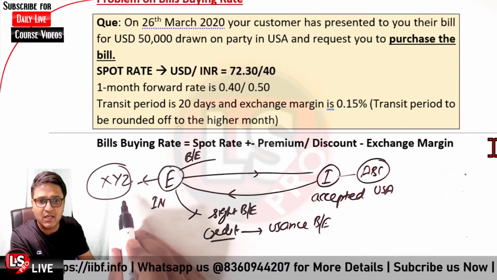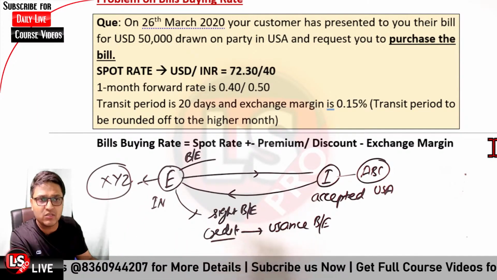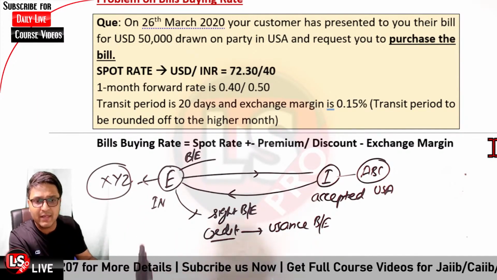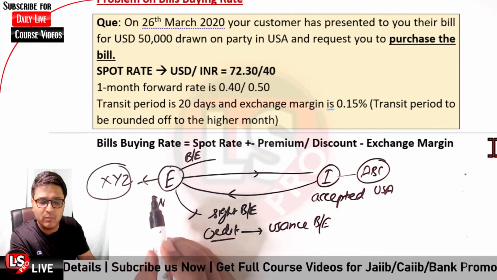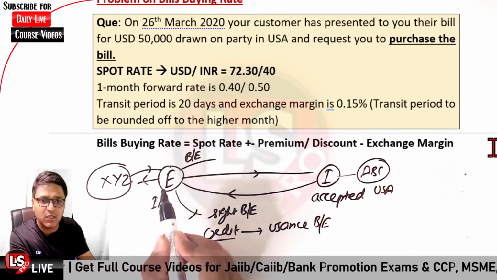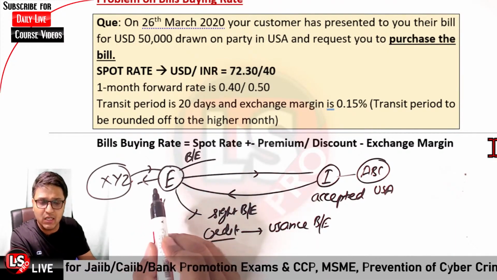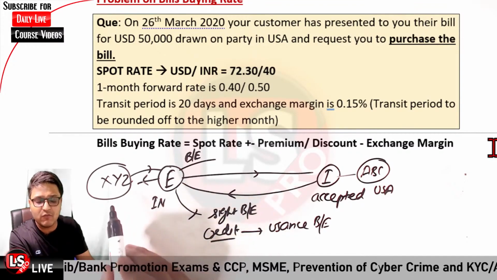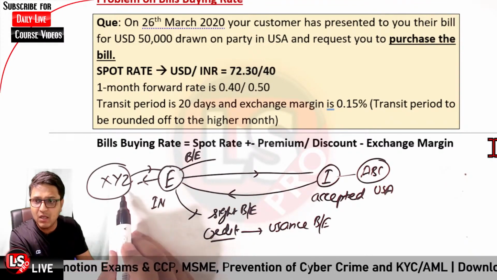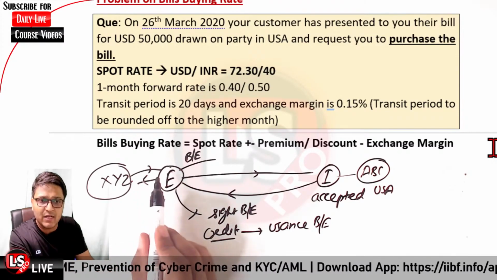So he just gives the accepted bill to the bank XYZ and asks the bank to discount this bill. XYZ bank will discount the bill and give the amount to the exporter on the same day. The exporter is provided with liquidity, and XYZ bank cuts down its share and provides the rest to the exporter.